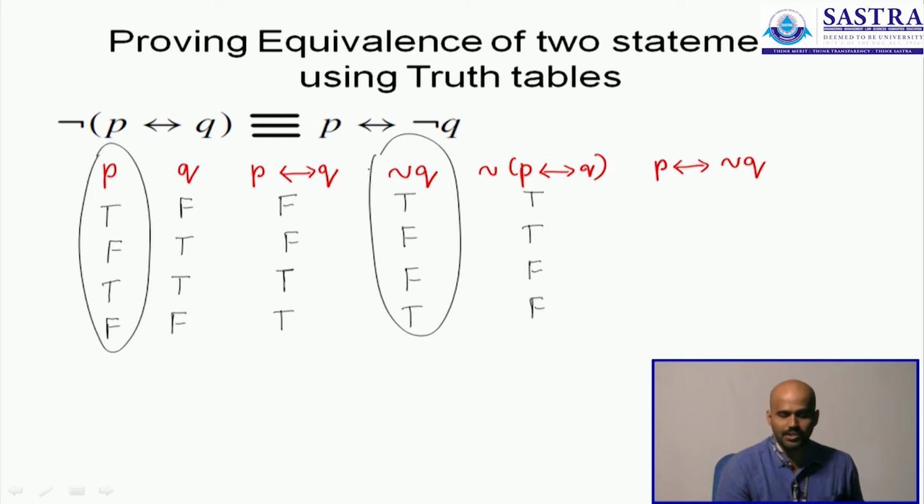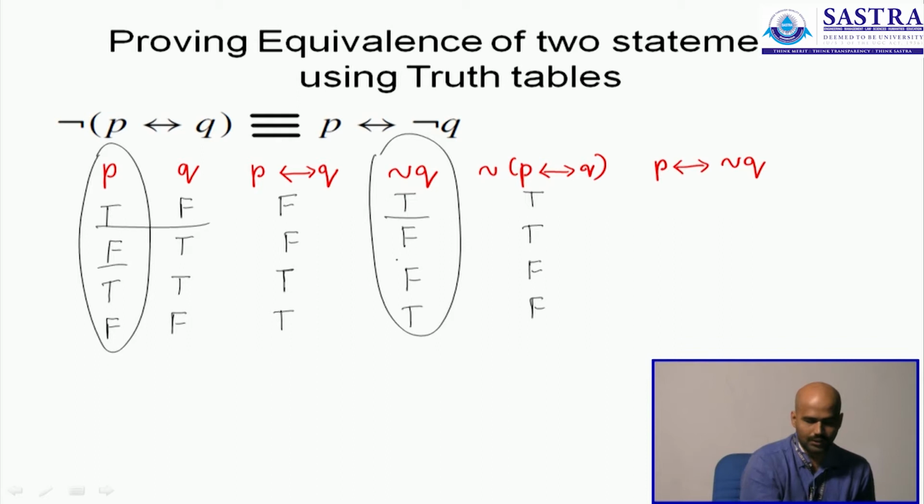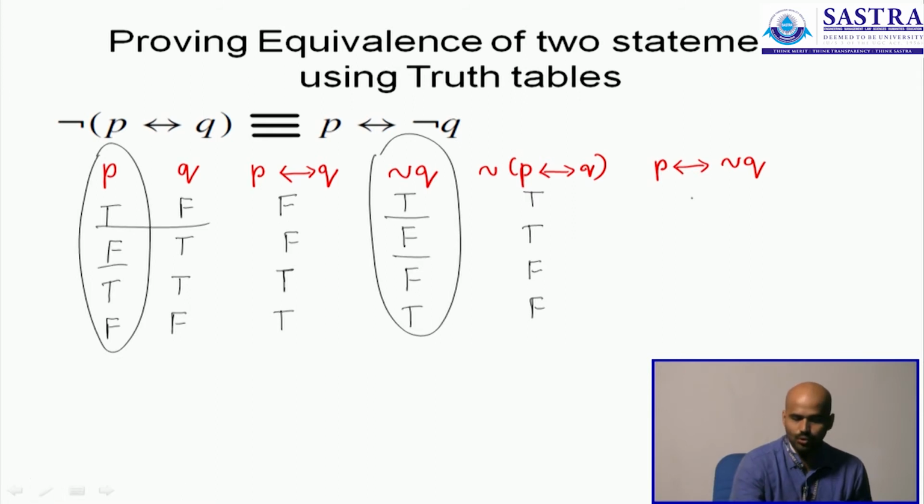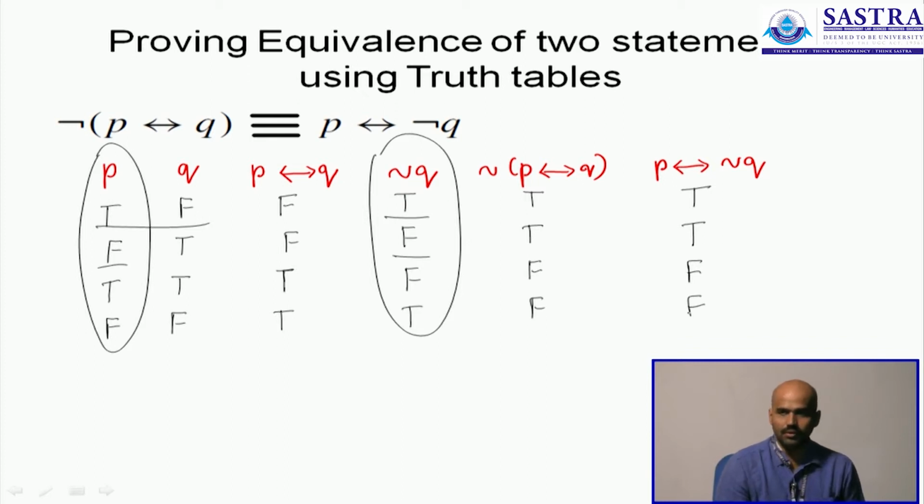Remember, it's a biconditional between P and the negated version of Q. The same logic holds again. They are true only when they are identical, and you see that they are identical only in the first and second rows. The third and fourth rows, they are different, and hence we will have a true value returned only in the first and second rows. Third and fourth rows will go as false.